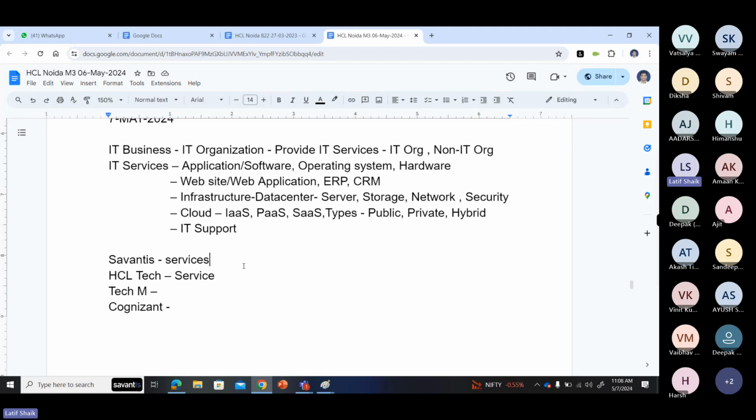You can check not only that one, but also Savantis, Tech Mahindra, Cognizant, Wipro, Infosys. Go to different websites and check what services these organizations are providing, to whom, and what types of industries. Find it out and you will understand IT organizations.